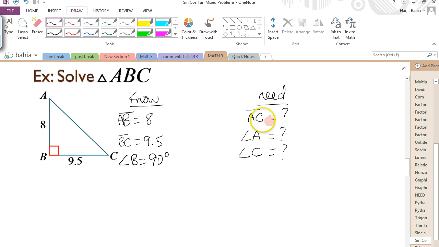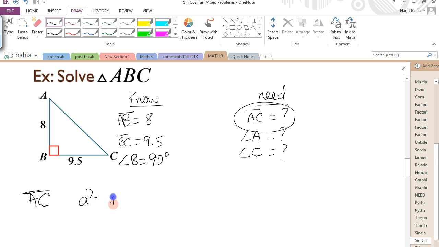What should we attack first to figure out all the stuff here? To figure out side AC, we could just use Pythagoras, because we know this side, we know that side, we can figure out this side here. So let's first attack this. To figure out what is side AC, we're going to use Pythagoras, because we know what this side is and that side is.